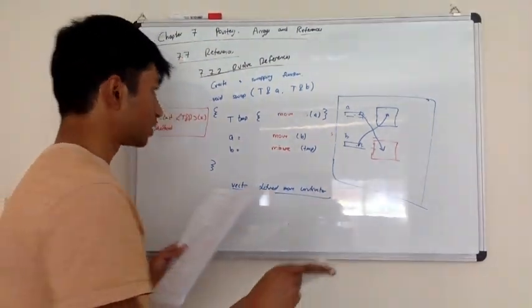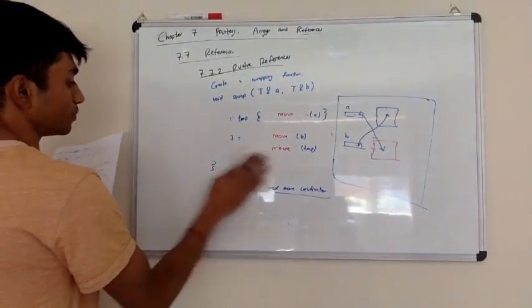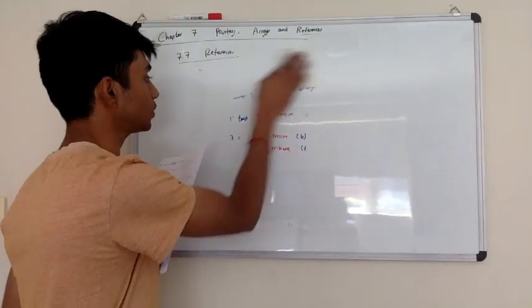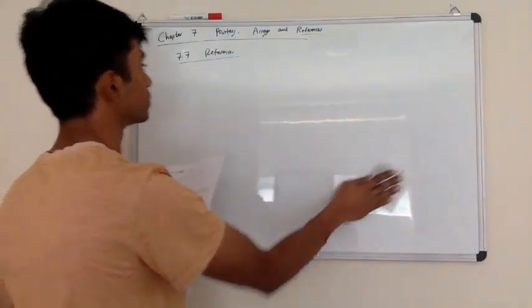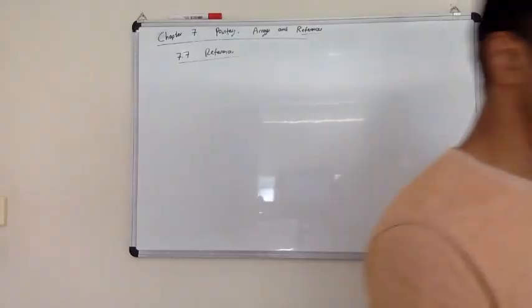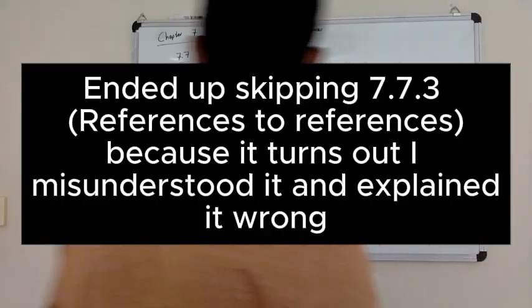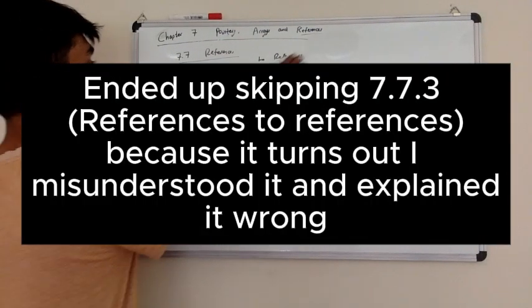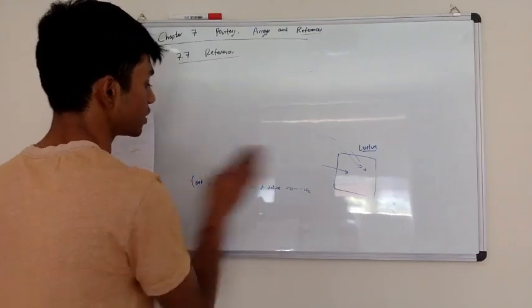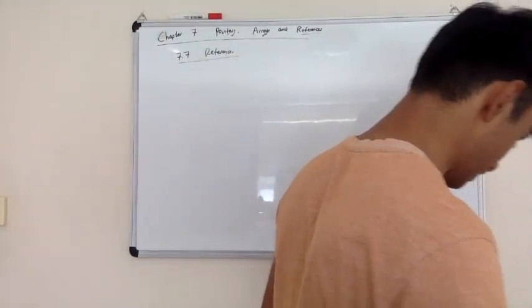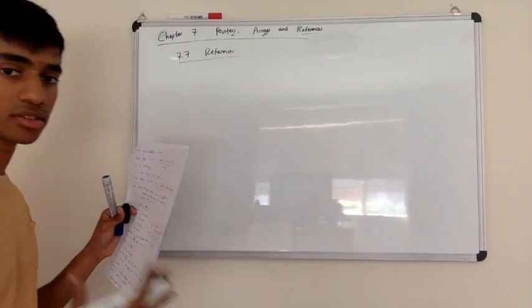Okay, so there are now just a few finer details about references in general. We've explored the types of references: Lvalue references, const Lvalue references, and Rvalue references. The last little section of 7.7 is about when to prioritize pointers and when to prioritize references.